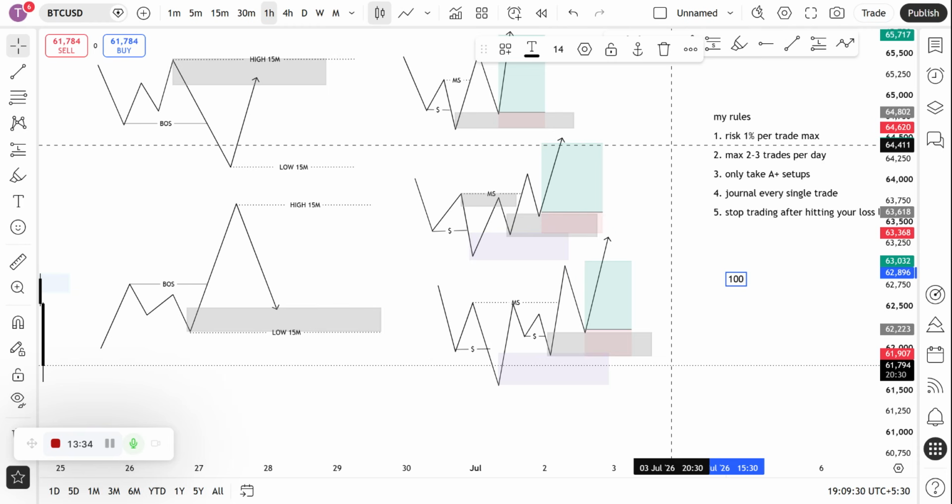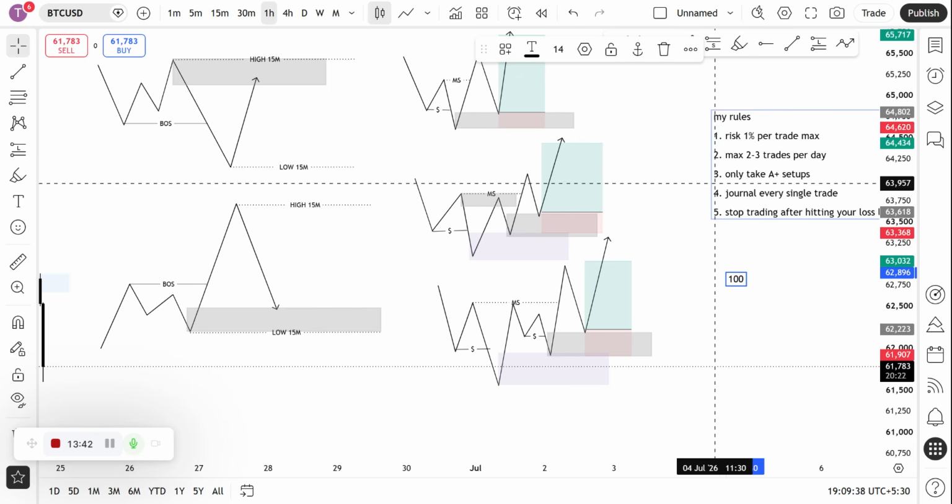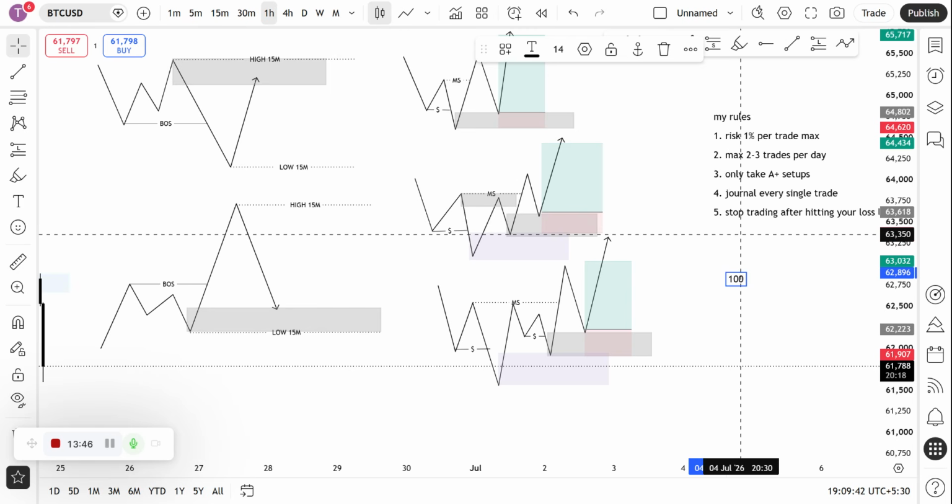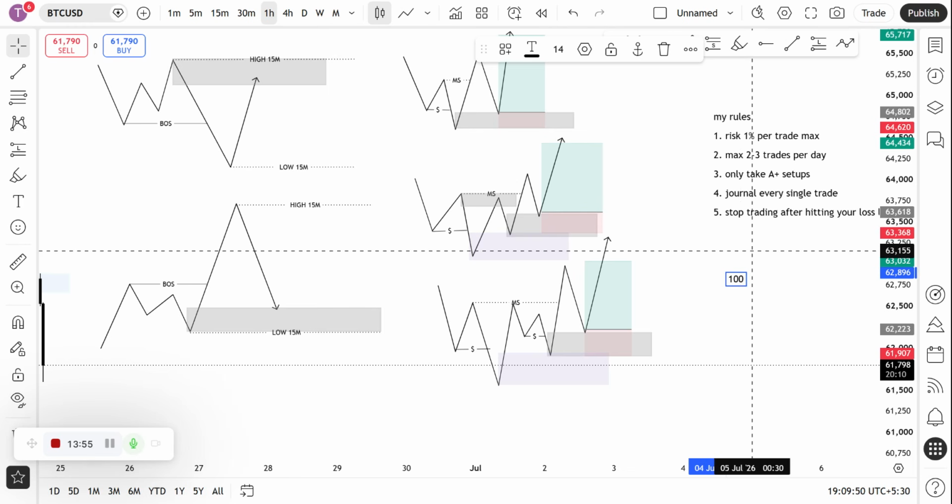I don't just put random trades. It's unprofitable to me. So I place 3 A plus trades per day maximum. That's all. Then I'm good for the day.